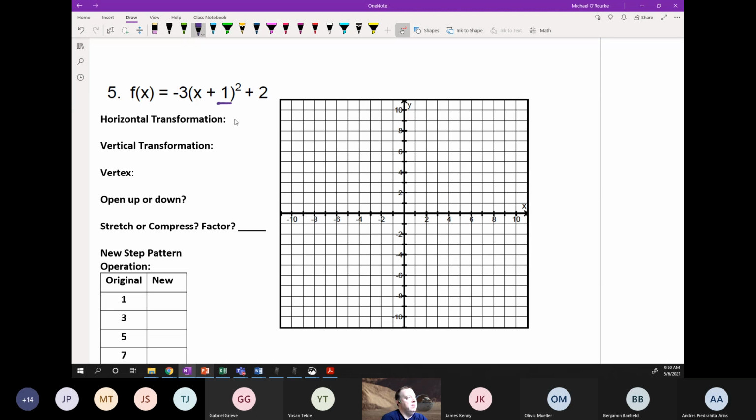So this one would be -1. Then I ask for my vertical transformation. That is +2, which will lead to my vertex being -1, 2. Does that make sense to everyone?